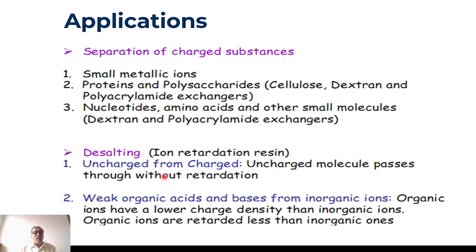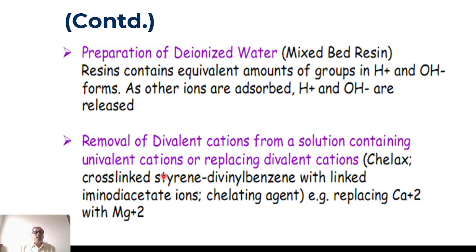For desalting, yes, you can use this particular technique. Removal of divalent cations, removal of anions, removal of charged organic pollutants, charged inorganic pollutants, all these things can be done very effectively with the help of ion exchange chromatography.